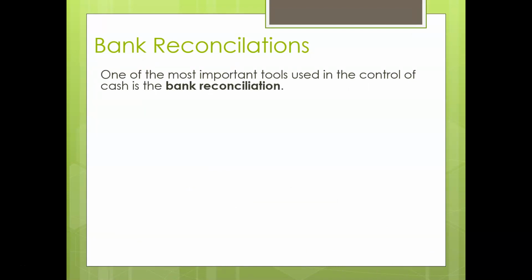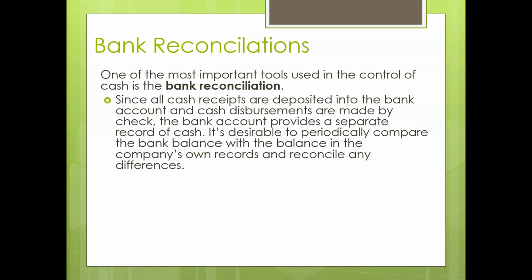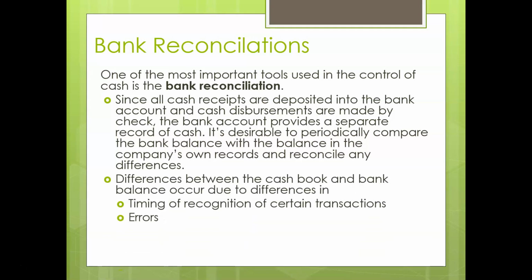Now, the last thing we're going to look at is how to do a bank reconciliation. Since all cash receipts are deposited in the bank account and cash disbursements are made by check, the bank account provides a separate record of cash. And what you want to do is always make sure you reconcile these. Why? Because there's going to be a difference because of timing between the cash book and the bank balance, and because of possible mistakes.